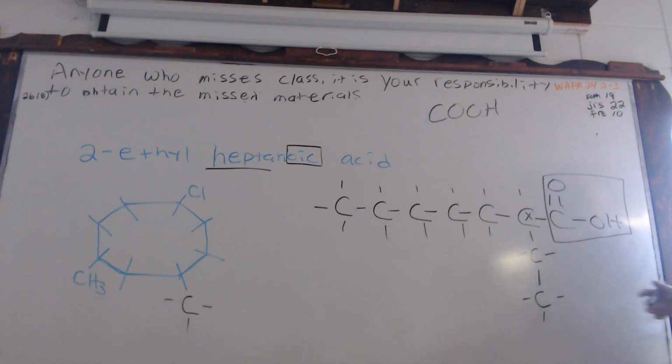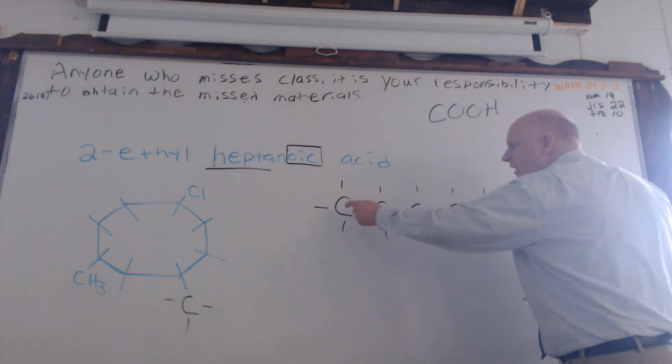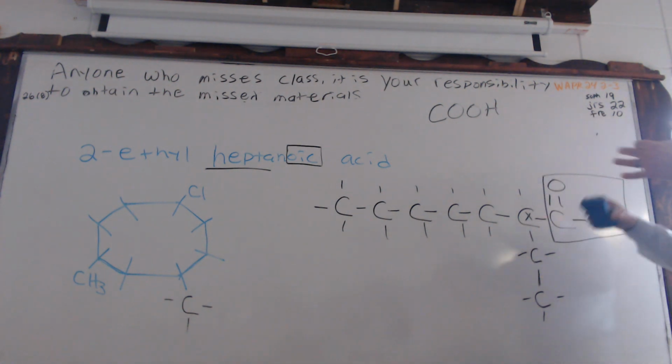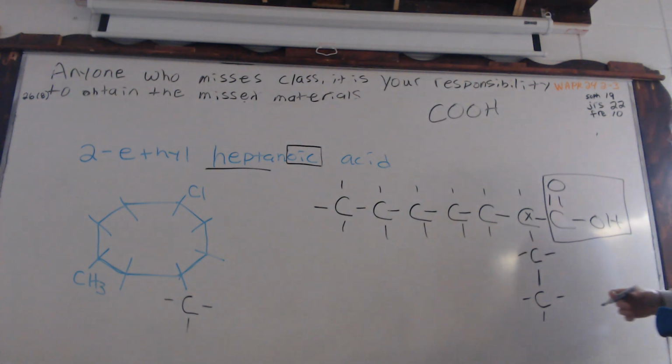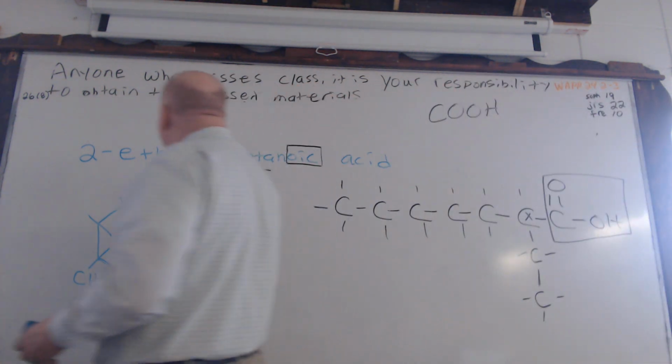Because if we did this, we don't know what to name this at all. Because this has to be your first carbon, because this is showing you what your organic family is. So you could put this COOH over here. That's why we said left side or right side. We picked the right side, which is fine. So we can do that because these compounds can be read right to left as well. So now we've accounted for everything.